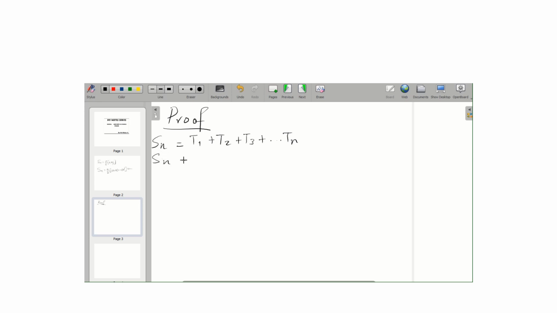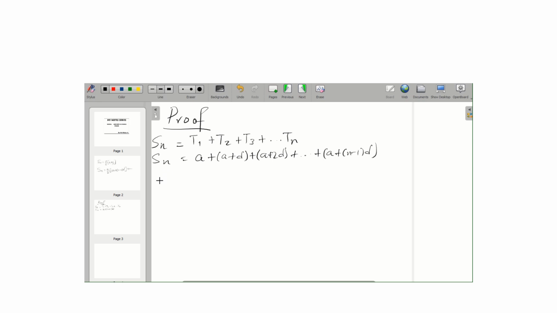Now Sn can be written as: the first term is a for an arithmetic sequence, the second is a plus d, the third is a plus 2d, and so on up until you get to a plus n minus 1 times d, which is tn.